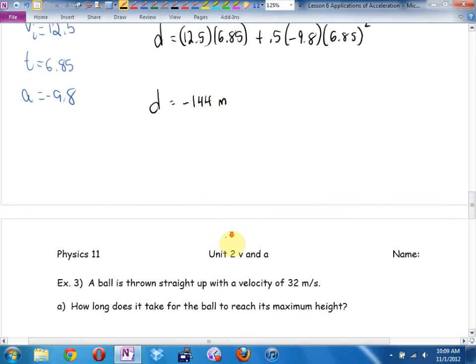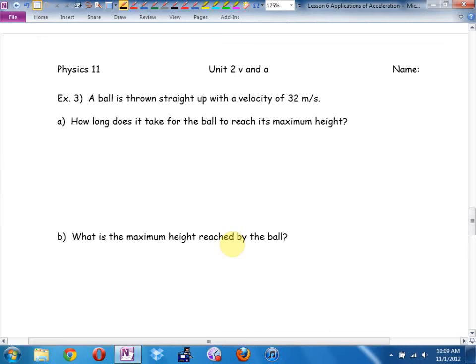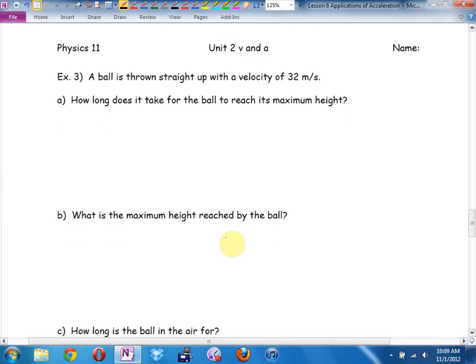Okay. Hey, let's try another one. Example 3. A ball is thrown straight up with a velocity of 32 meters per second. A, how long does it take for the ball to reach its maximum height? Okay, what are they asking me to find in part A? Yeah, we're continuing from where we left off last day, sorry.